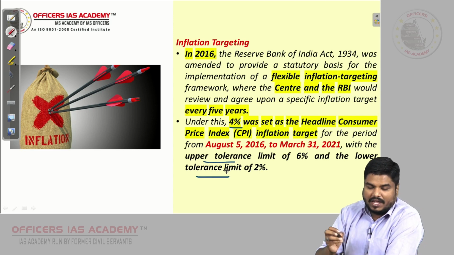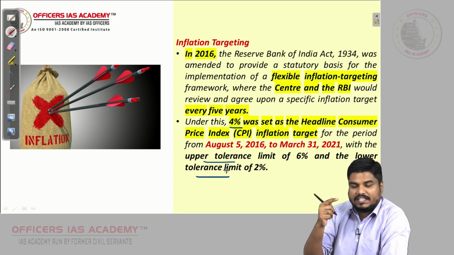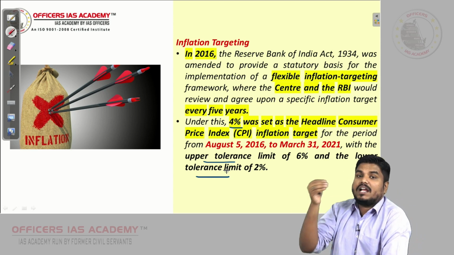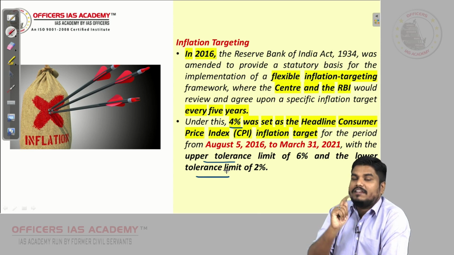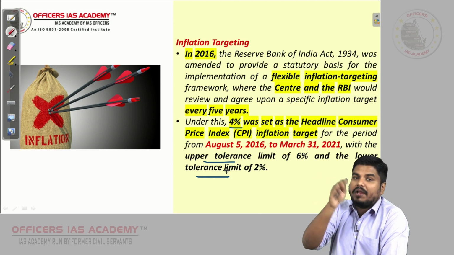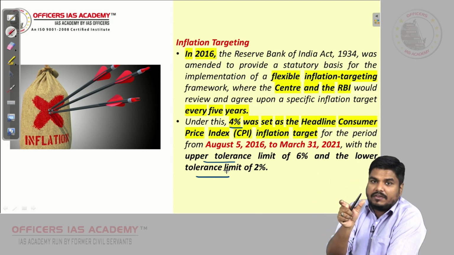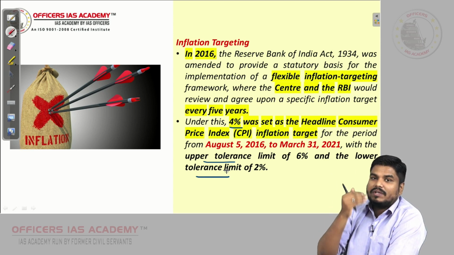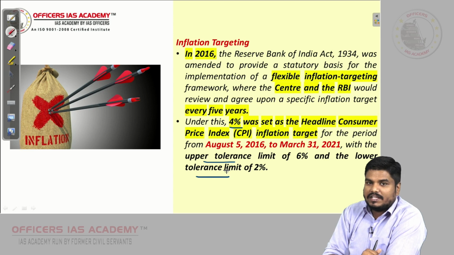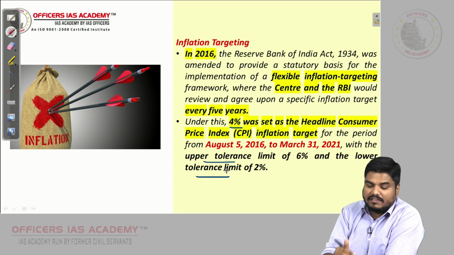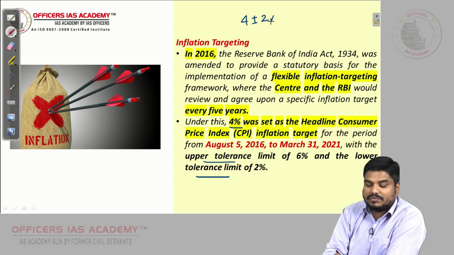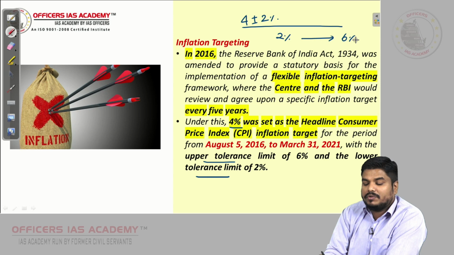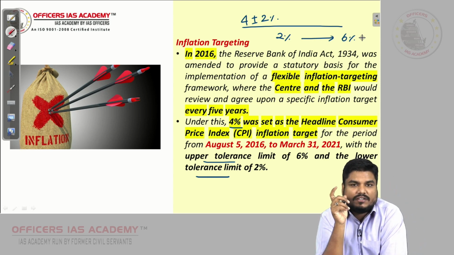So, under this inflation targeting, the Centre and RBI agreed upon giving more priority to inflation, and inflation at any point of time should be between 4 plus or minus 2%. There is an upper tolerance limit and a lower tolerance limit. So, at any point of time, inflation should be in this range, 4 plus or minus 2%, that is, inflation can be 2% and maximum it can go up to 6%. So, this target was fixed.